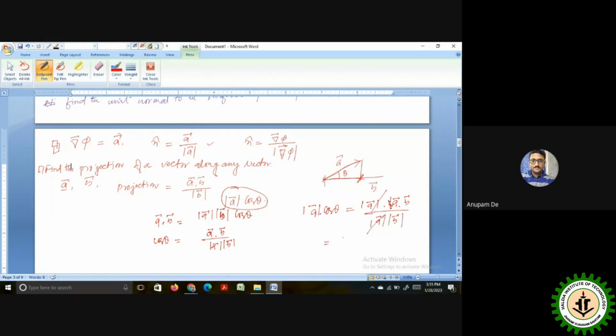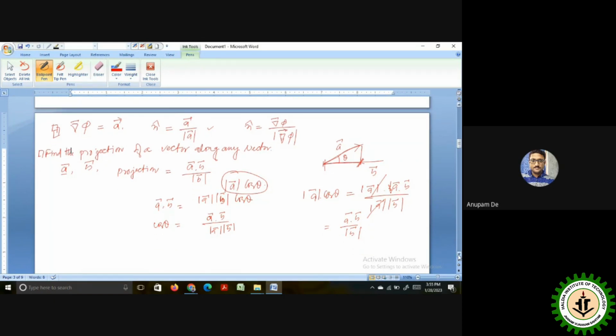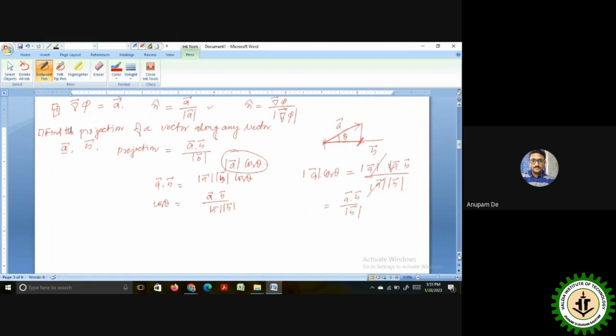Ultimately, what you are getting is the projection: A dot B divided by mod of B. So basically, the projection of one vector along another vector means you have to take the dot product along the direction of the vector. Actually, what you are taking here is A dot the unit vector along the direction of B. Clear?